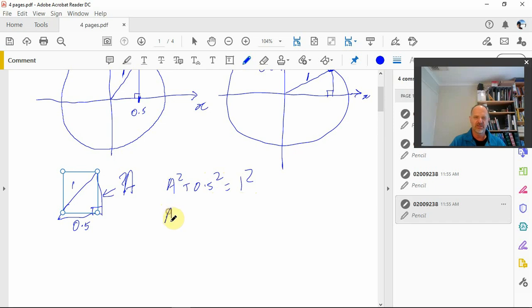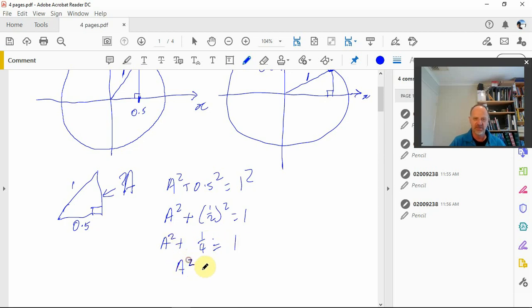Now I'm going to write 0.5 as a half. So A squared plus a quarter equals 1. Take a quarter from both sides.